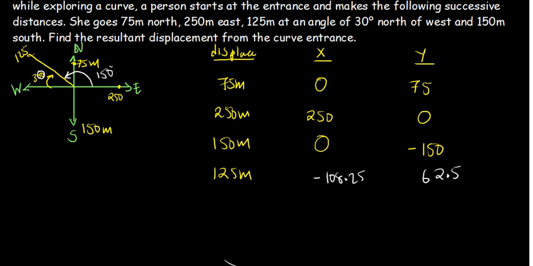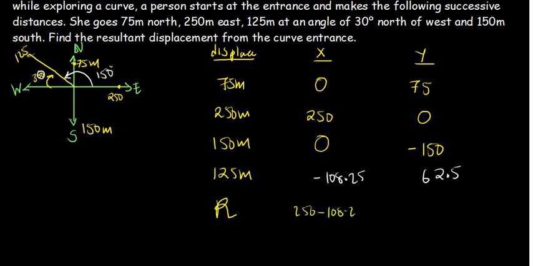You see, the x value is negative 108. And you expect the x value to be negative because we're in the second quadrant. The y value is positive. You expect it. So for the resultant, add the x components together. So 0 plus 250 minus 108.25.